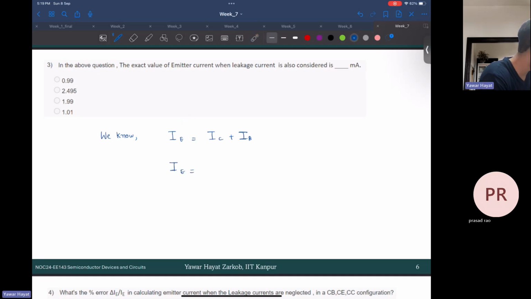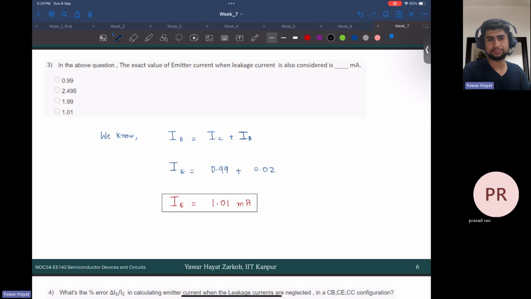Your IE would be equal to IC is 0.99 milliamp, IB is 0.02, right? So your IE would be equal to 1.01 milliamps. Is this clear?